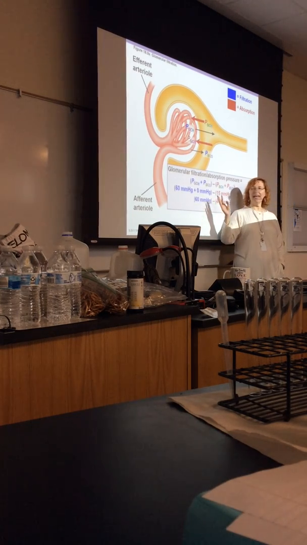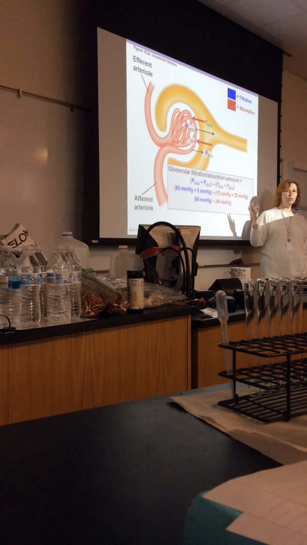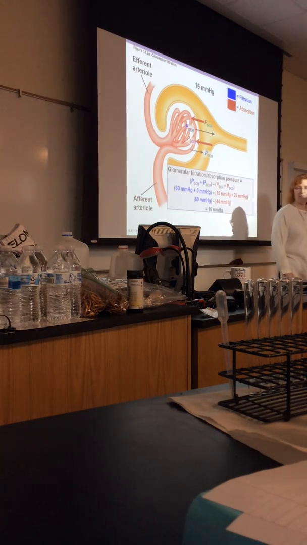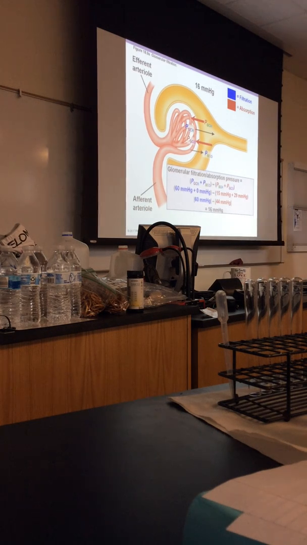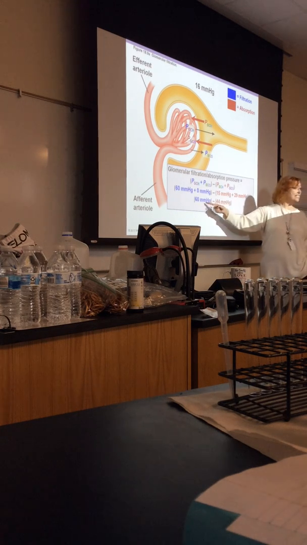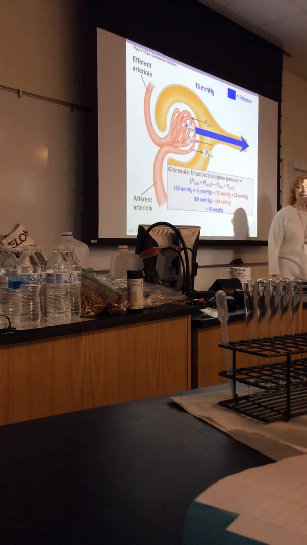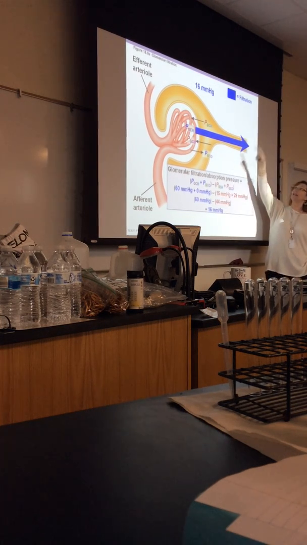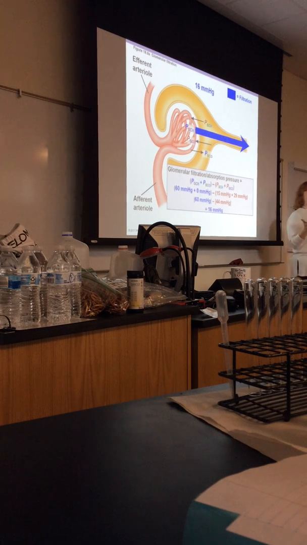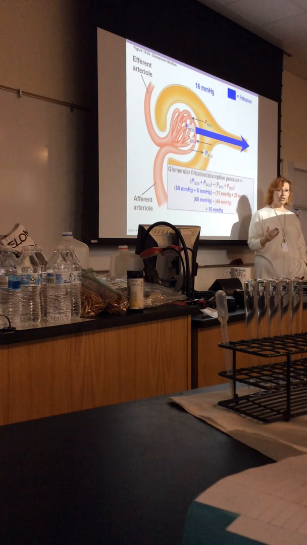So if I take 60 and 44, my difference is 16. So the pressure that wins with a force of 16. Which one wins? Filtration, because it's 60, because it's the bigger one. So 16 millimeters of mercury favoring filtration. And that's our bulk flow that results in filtration.